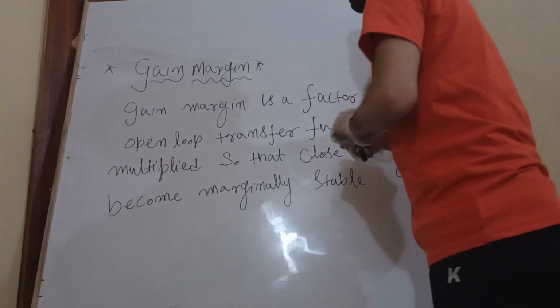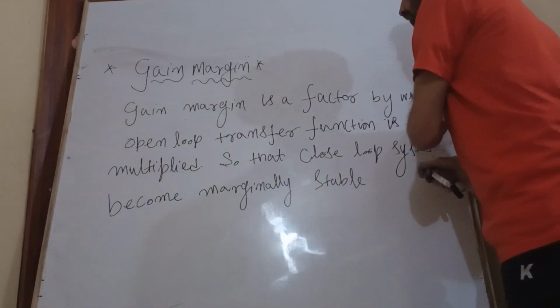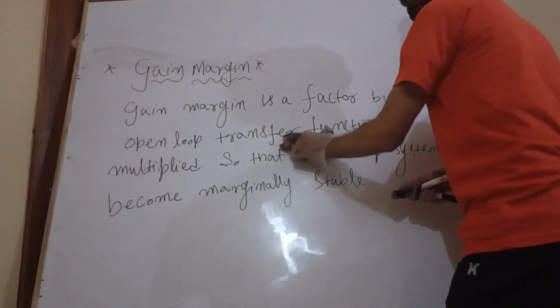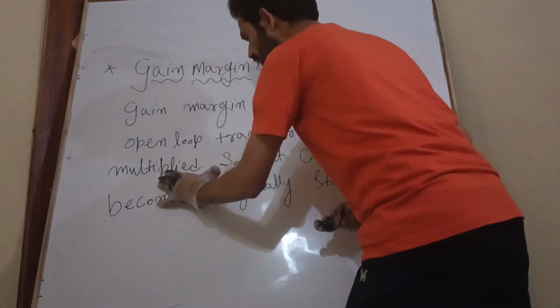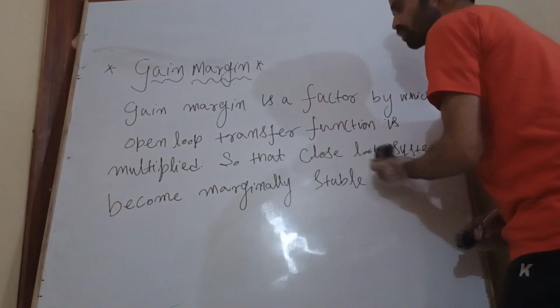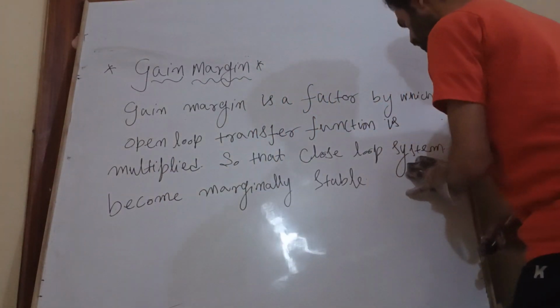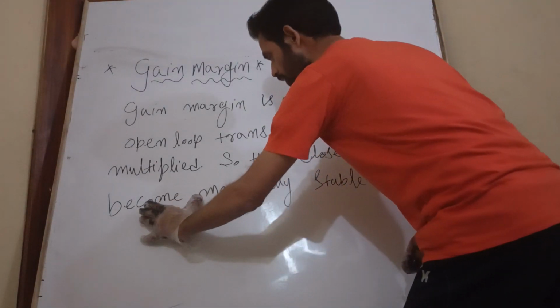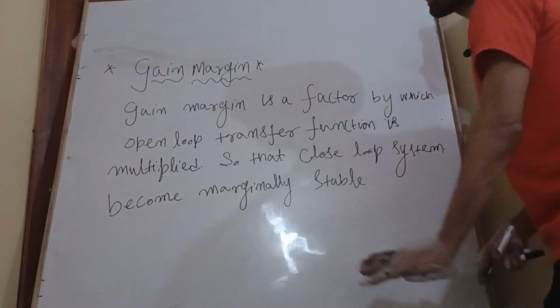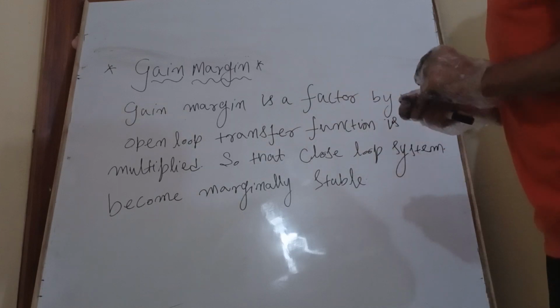What is gain margin? Gain margin is just a factor by which the open loop transfer function is multiplied so that the closed loop system becomes marginally stable.